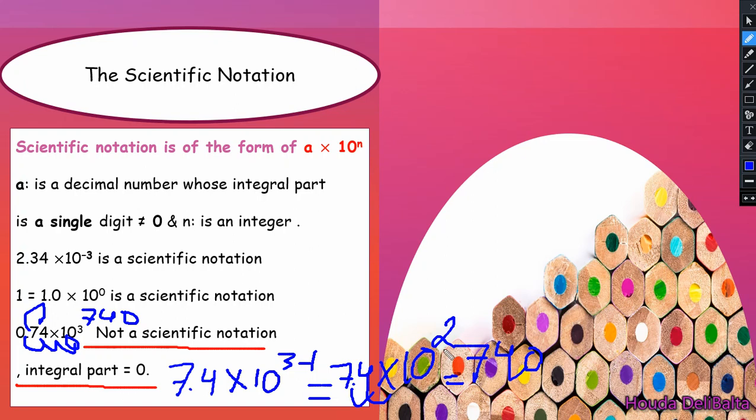So 7.4 times 10 to the power 2 is the scientific notation, while 0.74 times 10 to the power 3 is not, but both have the same value. So again, if the integral part increases, I have to decrease the exponent by the same number of steps I moved the decimal point.